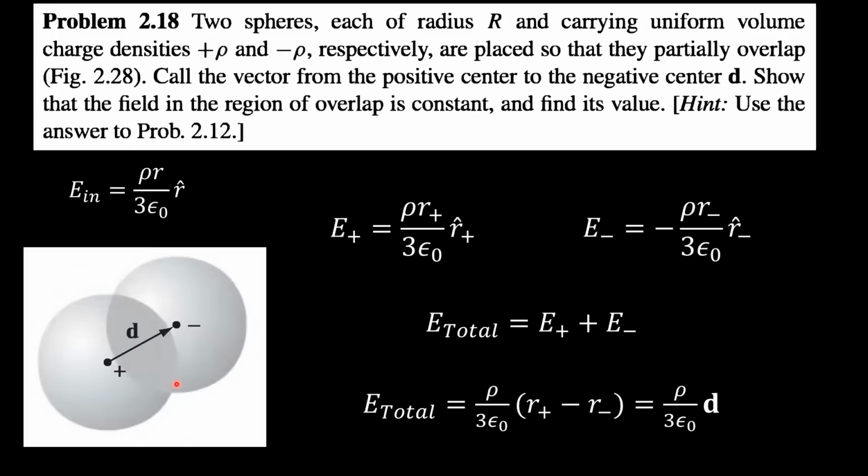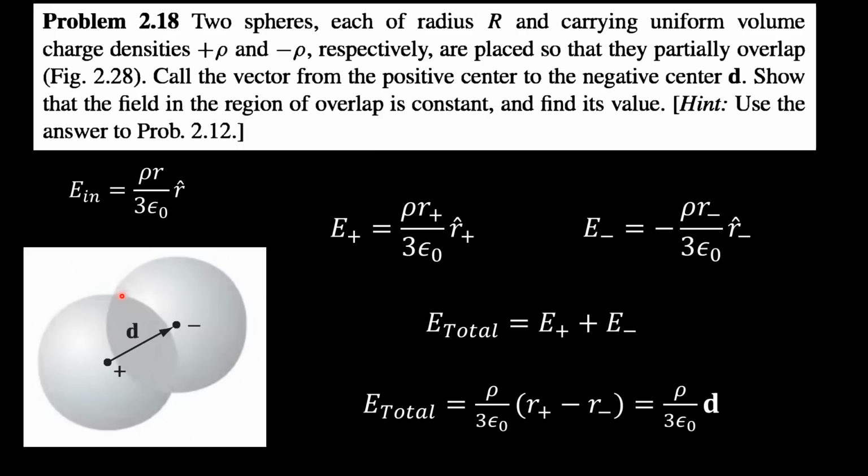Here it is overlapping, there is a shadow. Call the vector from the positive center to the negative center d. So this vector is d. Show that the field in the region of overlap is constant, and find its value.